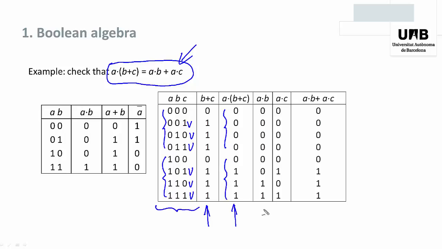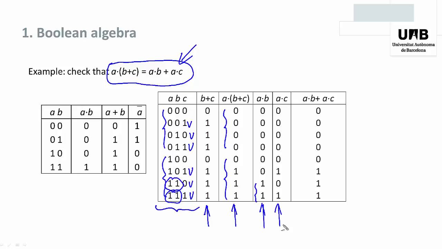Let us compute now A times B. A times B is equal to 1 if and only if both A and B are equal to 1. So A times B is equal to 1 in this row and in this row.